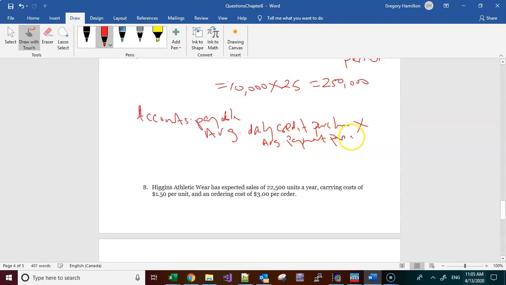So accounts payable is therefore equal to 9,000, and we're going to multiply that by 20, and that gives us 180,000.